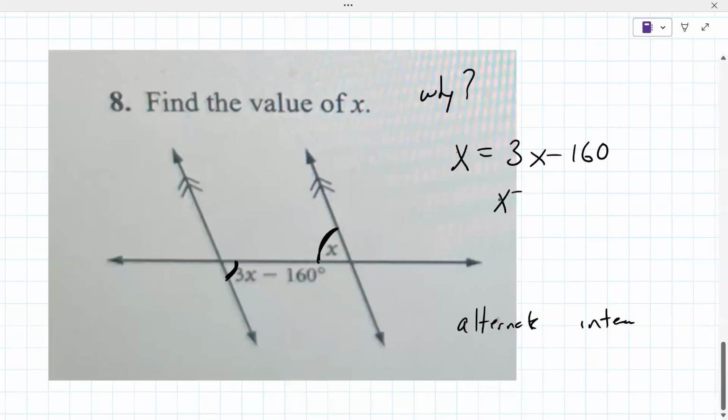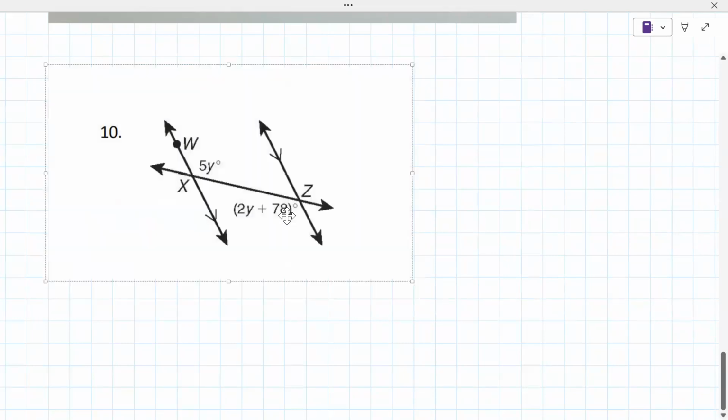Yes. Got it. Okay. Very good. All right. Let me give you another one that's kind of like this so you can solve on your own. We are doing the shorter lesson today, so just keep that in mind. It goes pretty quick. All right. Go ahead and solve for y, please.